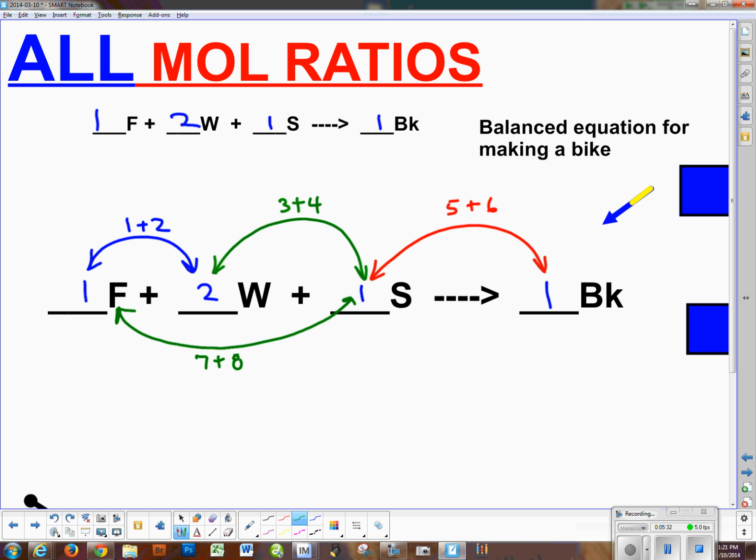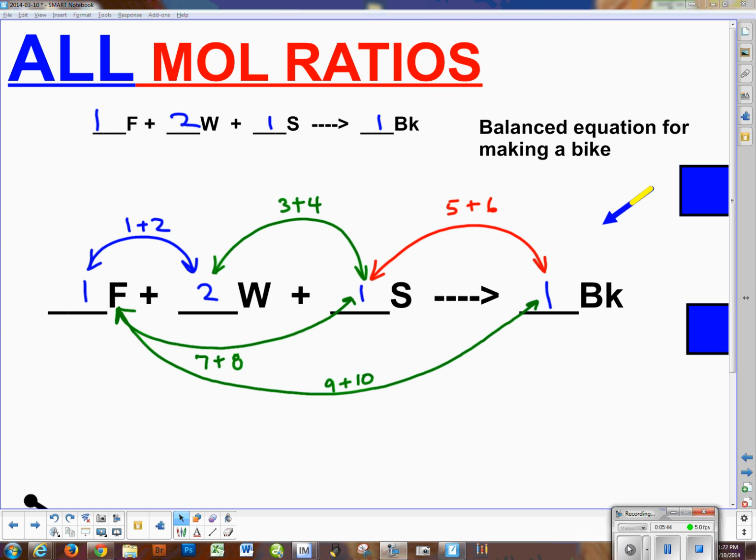And we also get the ratio of F to BK, and that's ratios 9 and 10. Our next ratio will be W to BK, and that will be ratios 11 and 12.